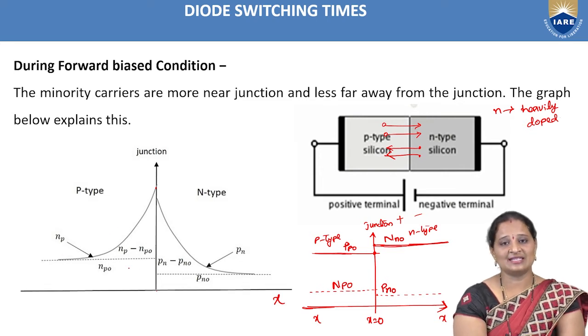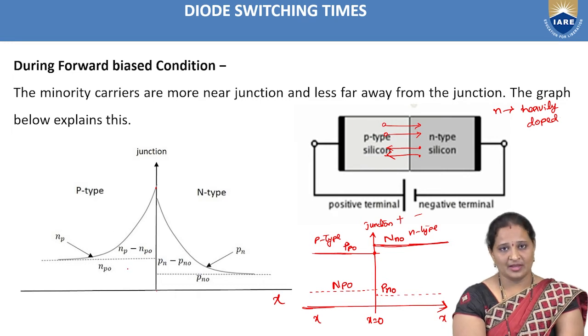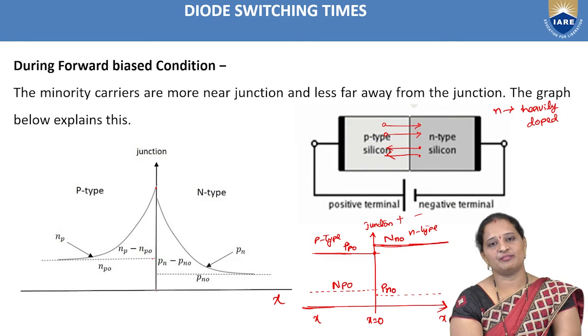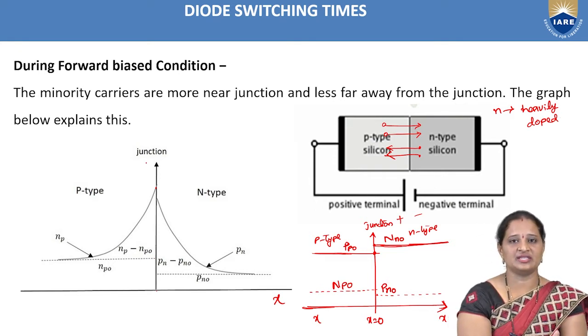Hence the excess minority charge carriers on the p side of the p-n junction diode is given by Np minus Np naught, which is exponentially decreasing as we move away from the junction.